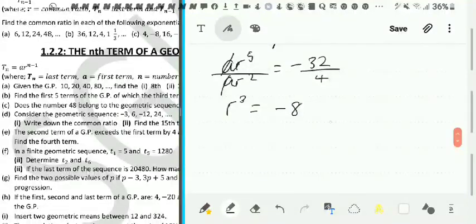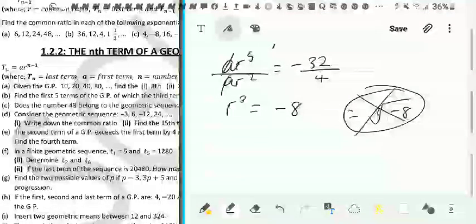Now when you come across things like this, don't go and say take the cube root of both sides and then take the cube root of negative 8. This is going to give us a complex number. You don't find roots of negative numbers like that, because any negative number under a root is complex. It will result in numbers like a plus i root b, and that's not what we're interested in doing.